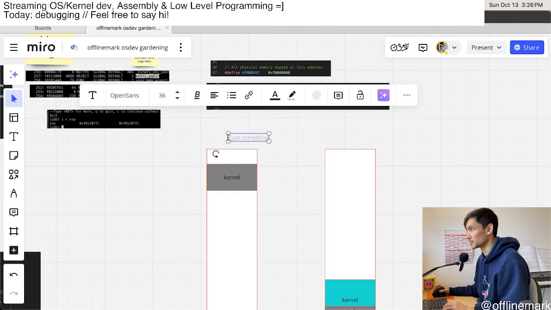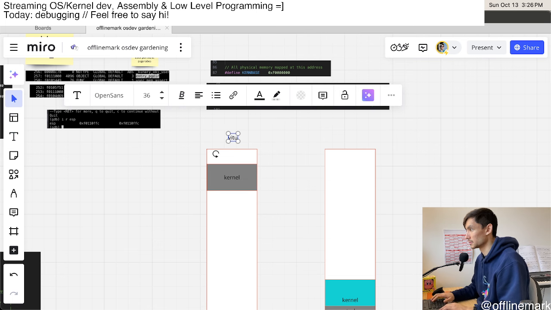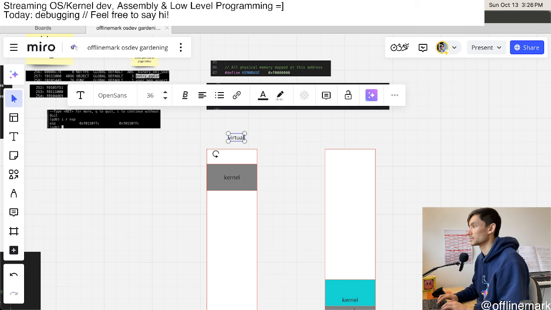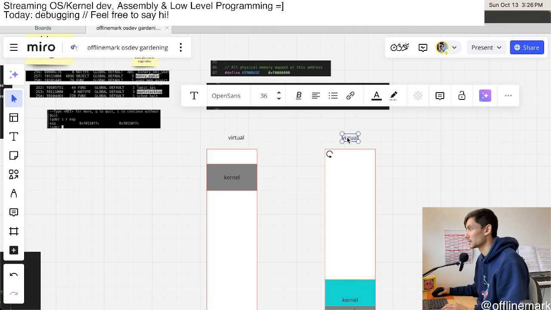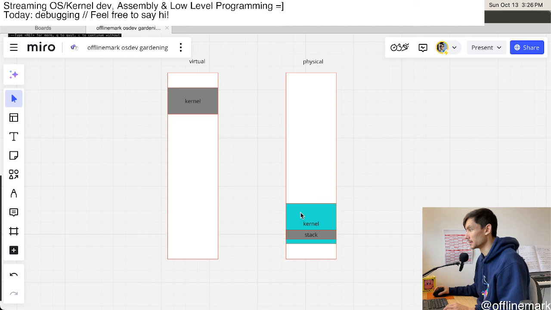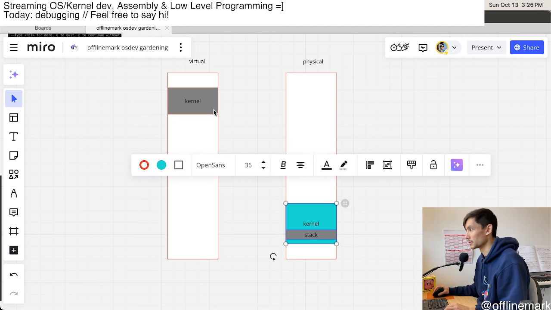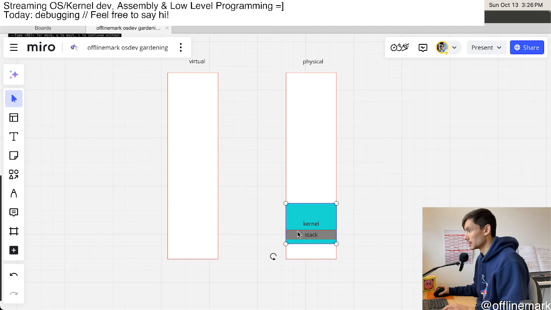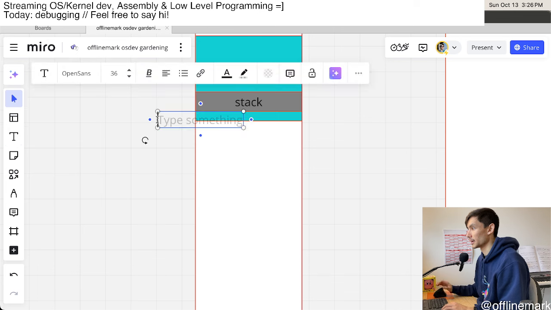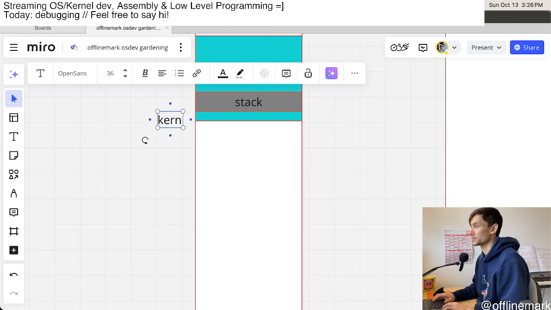I'm just going to call this virtual, physical. And actually, maybe I should just copy both of these. That goes into high memory at kern base.